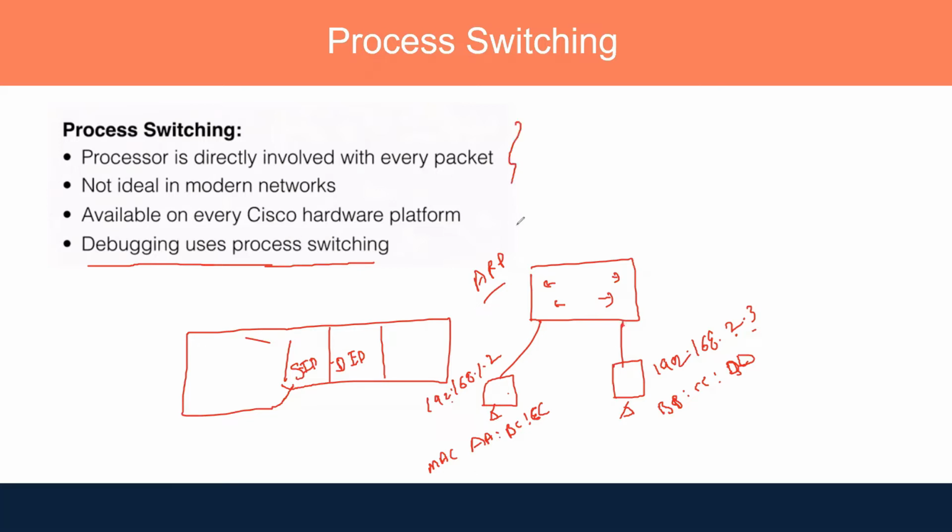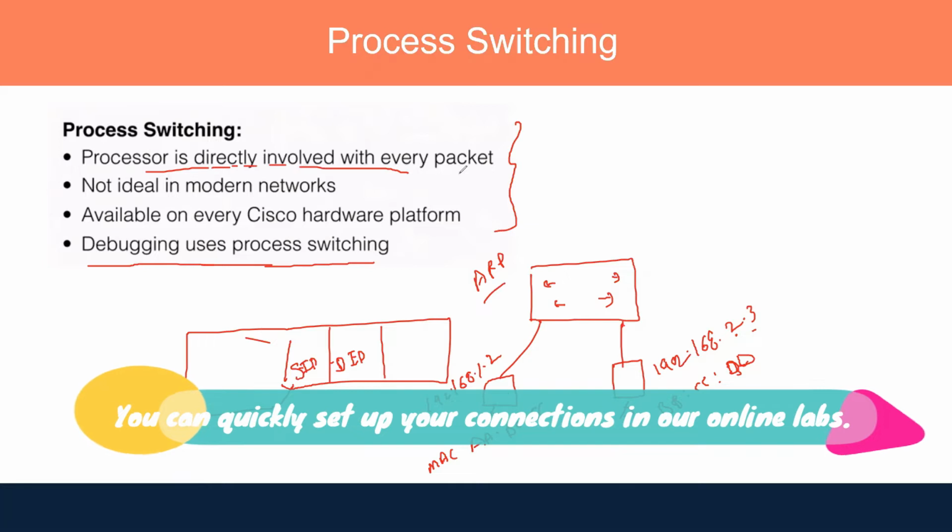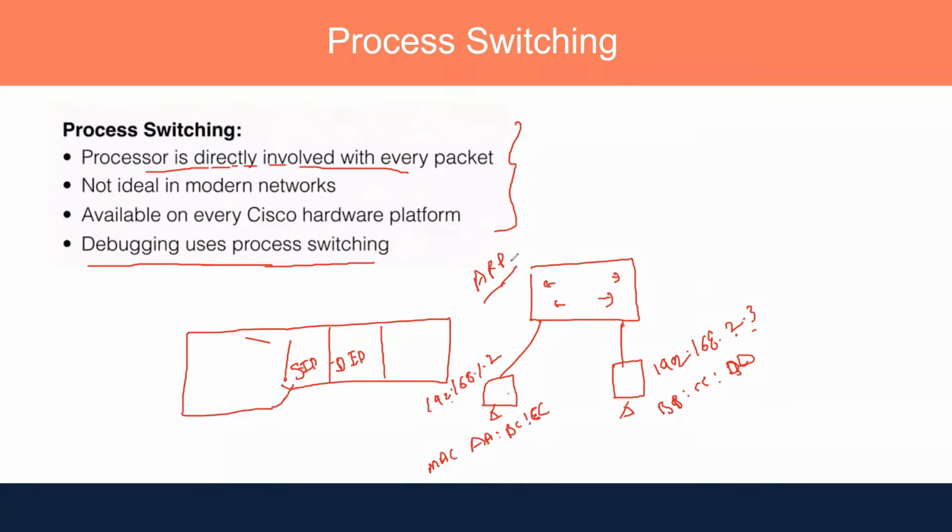So in all this process, what is involved? Basically, the processor is going to be involved directly with each packet, because if the processor would not be involved over here, ARP resolution would not happen. Okay, so this is known as process switching, where the processor is involved with each packet, and this is really very slow because the processor has to look at the packet from all the beginning parameters.